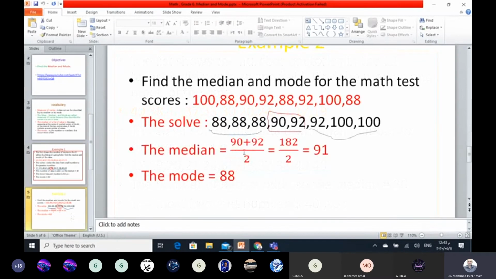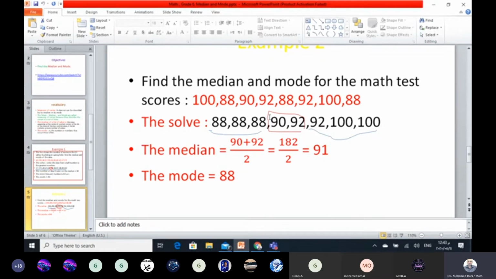The second case, when the number of data is even. The first step, order from the smallest number to the biggest number, then take the 2 numbers in the middle. Separate the data into 2 sides, here 3 and here 3.